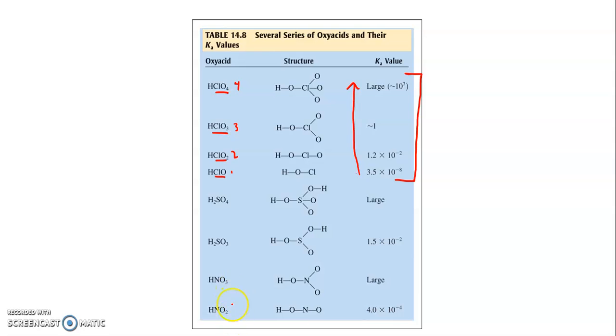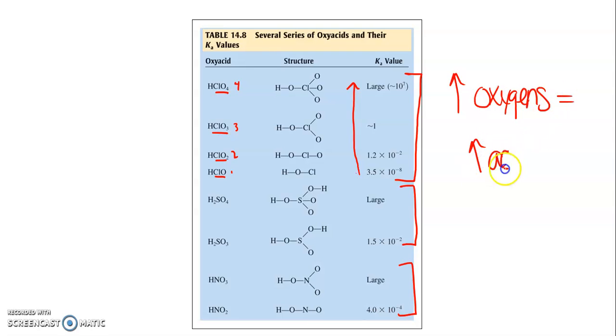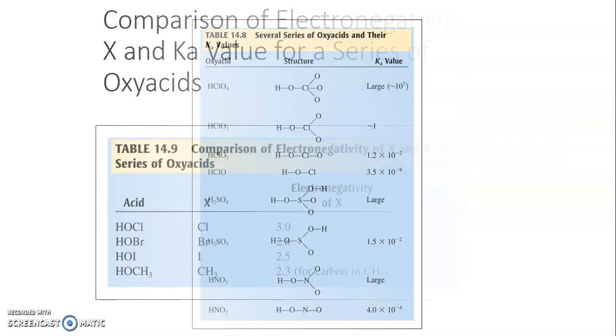That's the strong acid. You could look at these two examples for sulfate and sulfite. Sulfate has more oxygen, so it is a much stronger acid than sulfite. Same with the last two, nitrate and nitrite. So more oxygens is more acidic. That's the general trend.